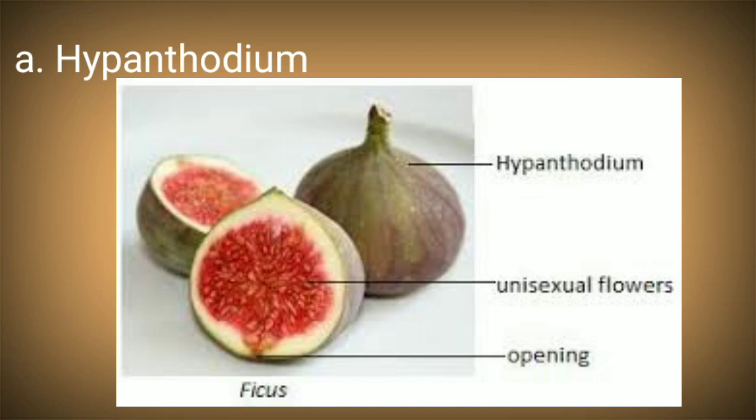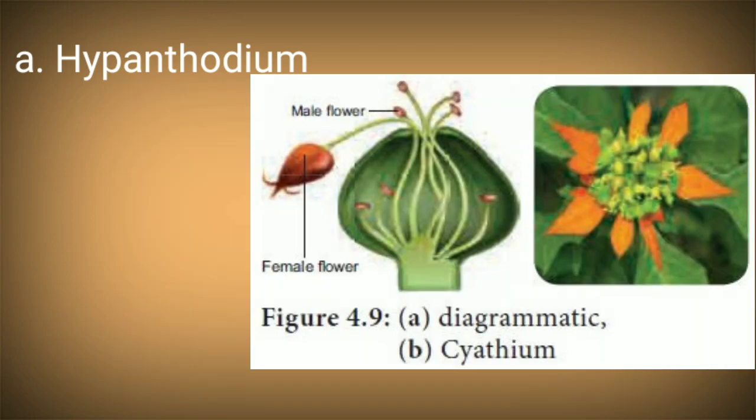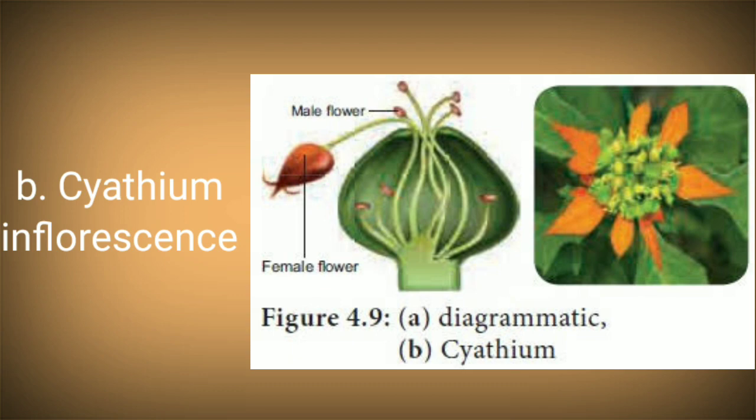Now let's come to Cyathium. So Cyathium is also a special type of cymose inflorescence which is much condensed. It has a small conical receptacle, again the condensed axis, surrounded by a green or brightly colored involucre. The cyme is composed of terminal female flowers.